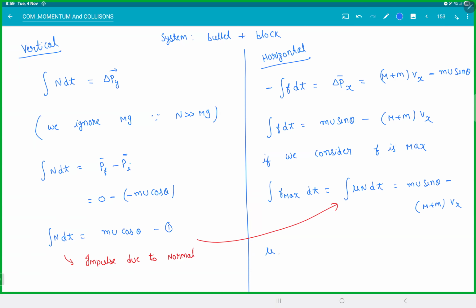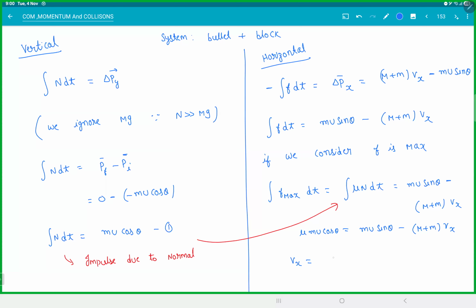You end up with mu into mu cos theta, equal to mu sine theta minus (m plus M) vx.